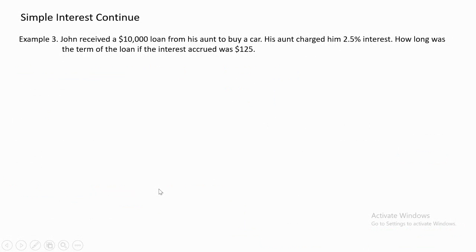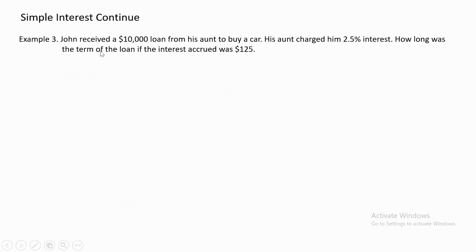It says here, John received a $10,000 loan from his aunt to buy a car. His aunt charged him 2.5% interest. How long was the term of the loan if the interest accrued was $125? So what we have to do here is read the problem carefully to see which formula we're going to use.